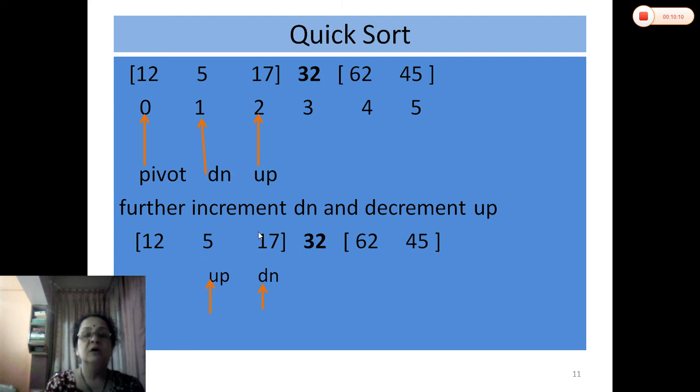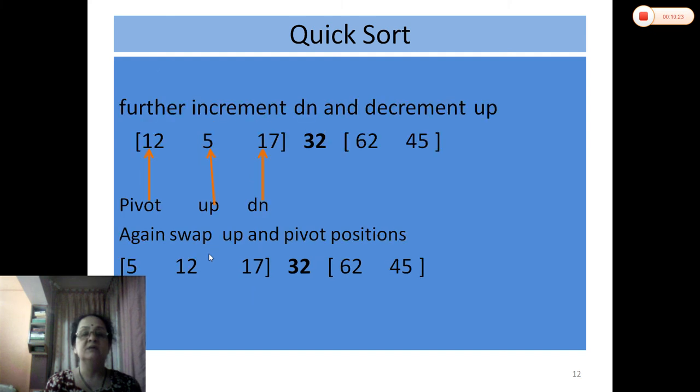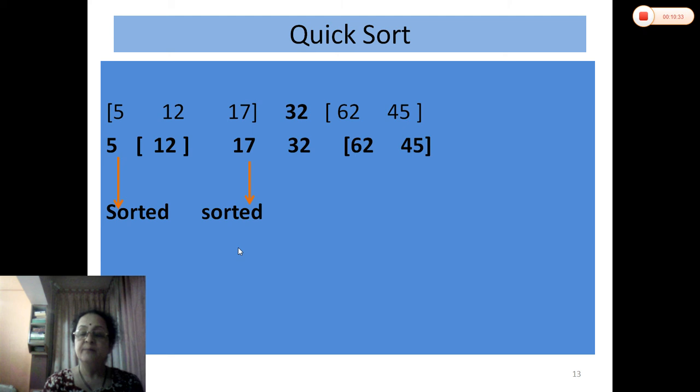So down becomes 2, pointing towards 17, and up becomes 5, pointing towards 5. Its index is 1. So we swap further.